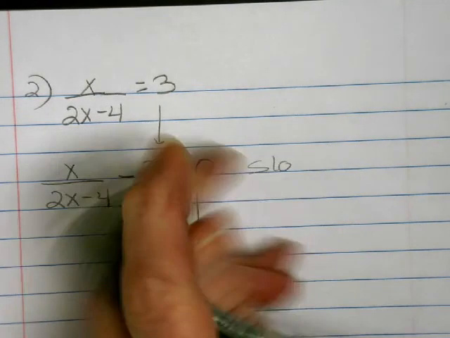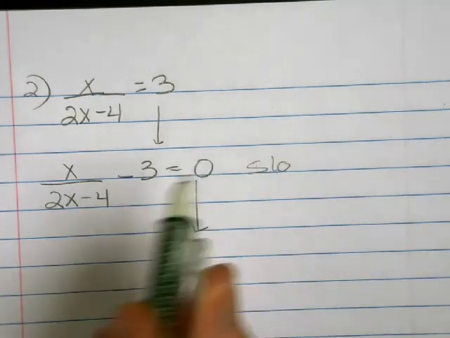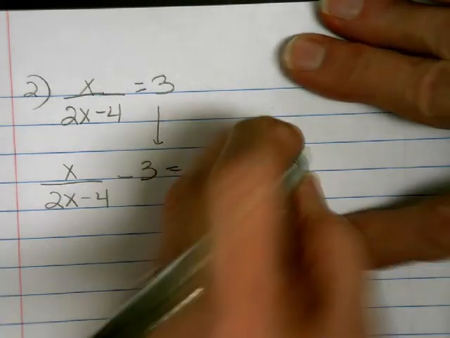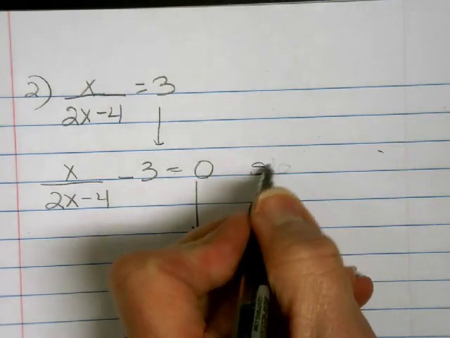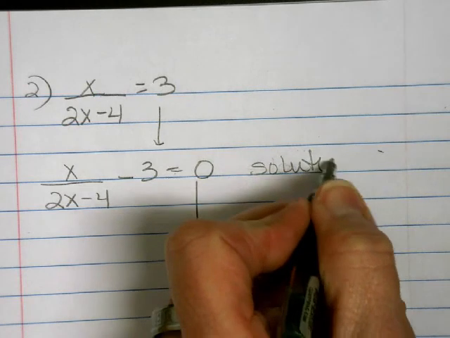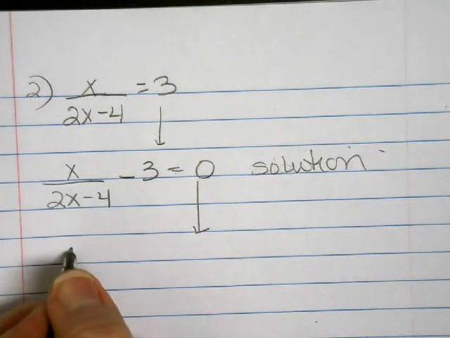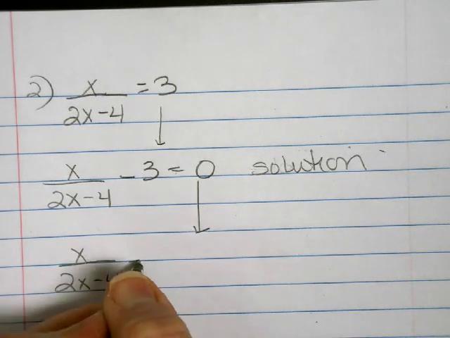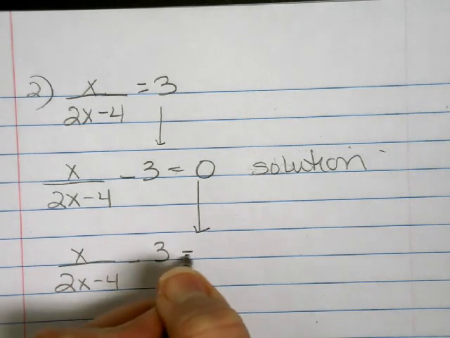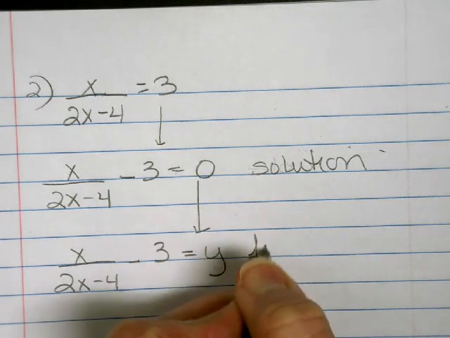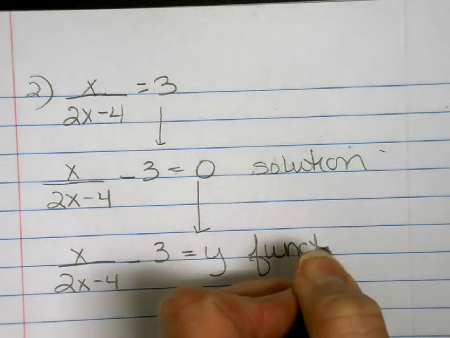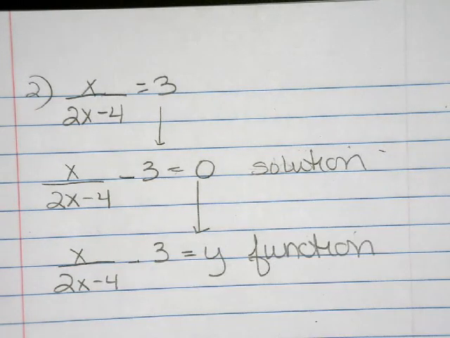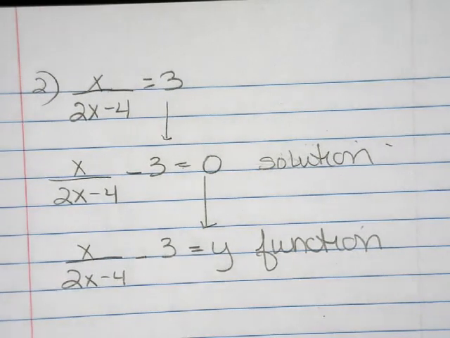And then I have to create a function by making the 0 a y. And so x over 2x minus 4 minus 3 equals y. This is your function that you're going to graph.